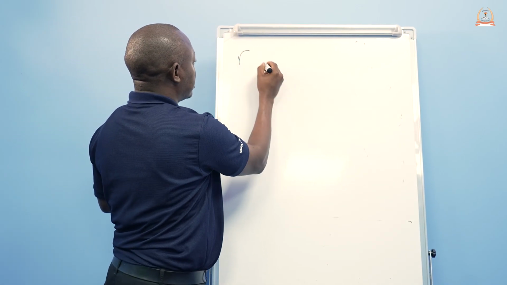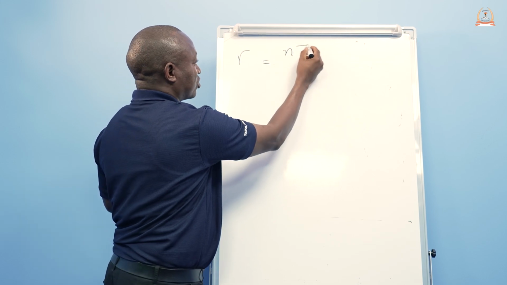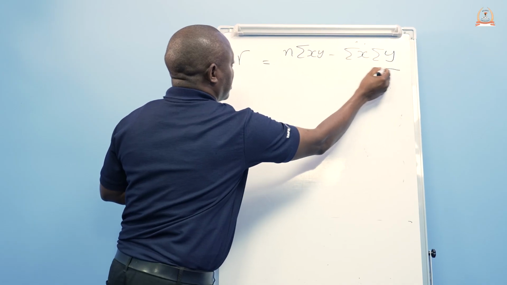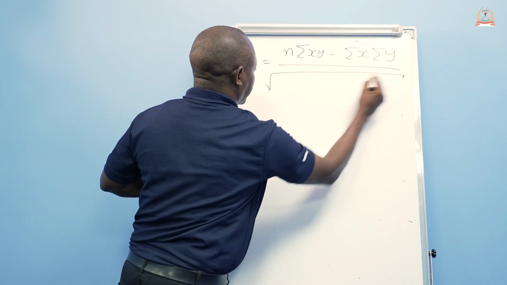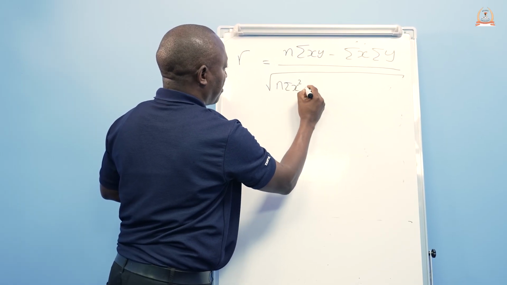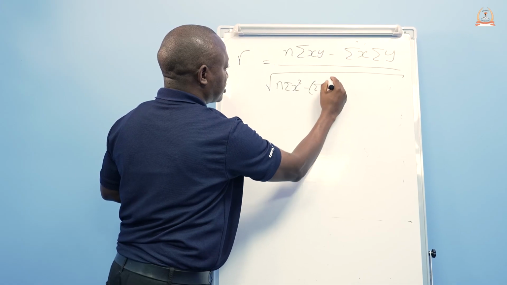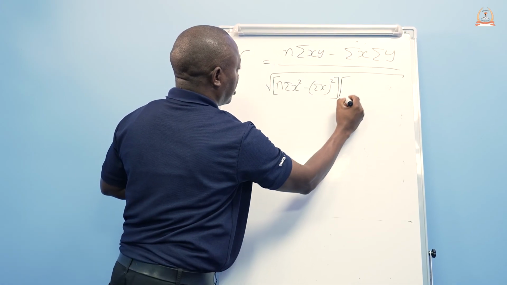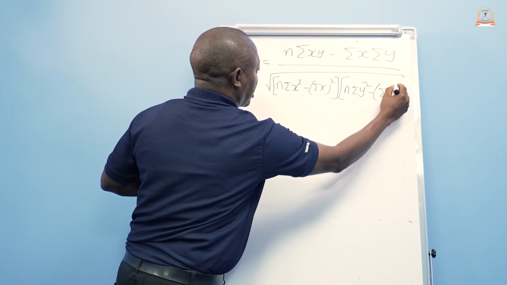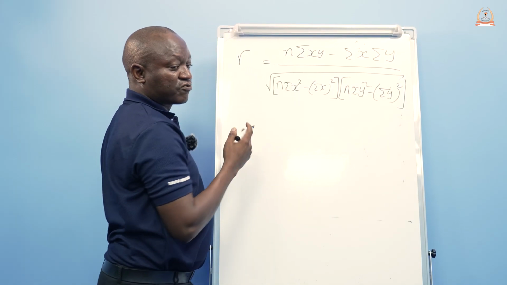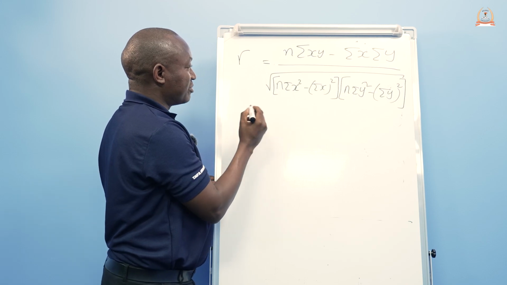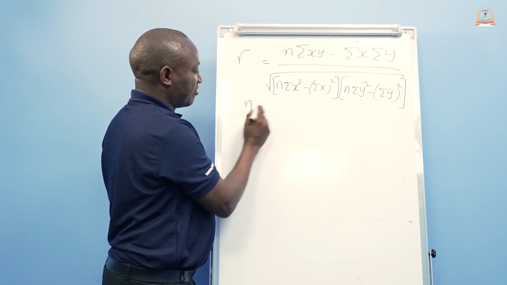If you remember, R is equal to the sum of xy, minus sum of x times sum of y, divided by the square root of n sum of x squared minus (sum of x) squared, and then n sum of y squared minus (sum of y) squared. What you need to capture from this formula is that you need to establish what is the sum, what is the n, first of all.